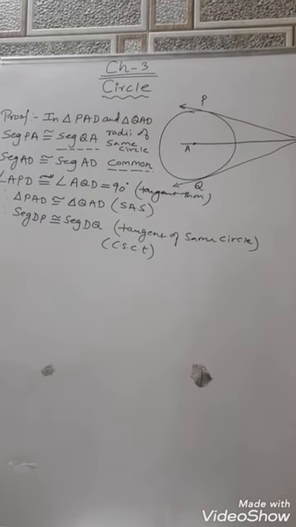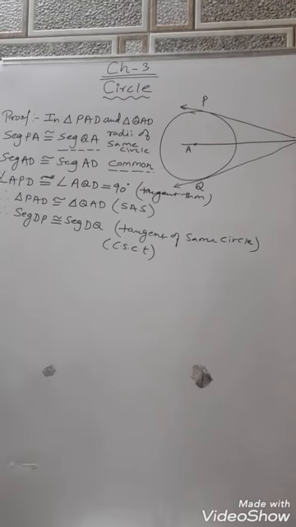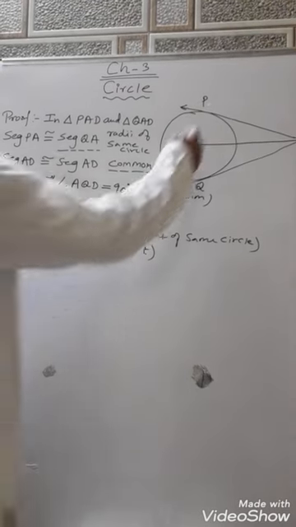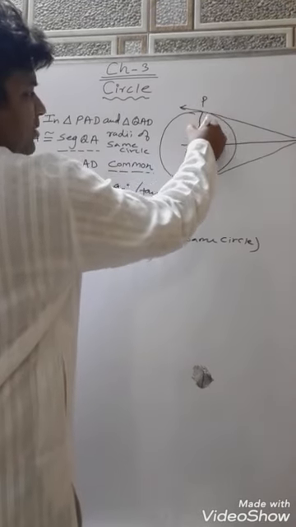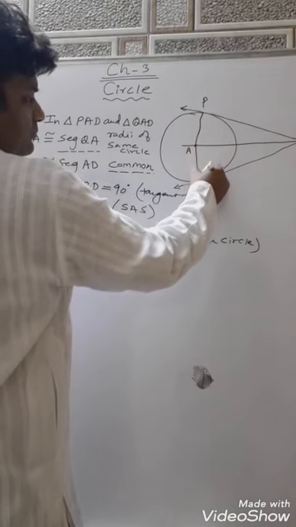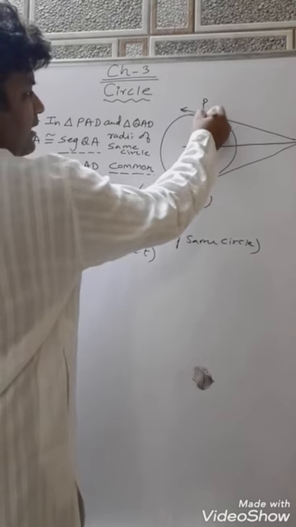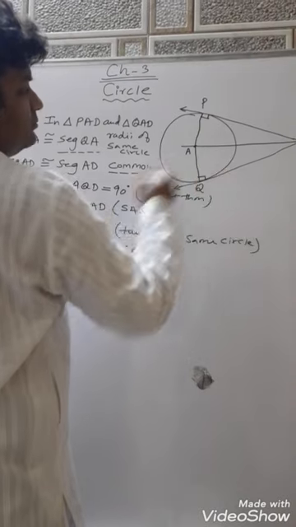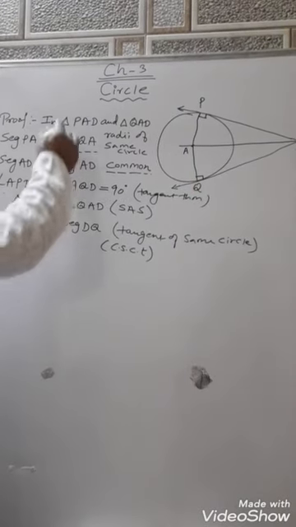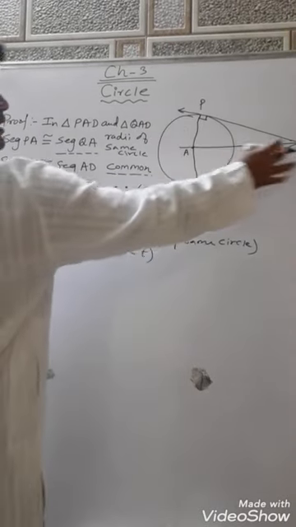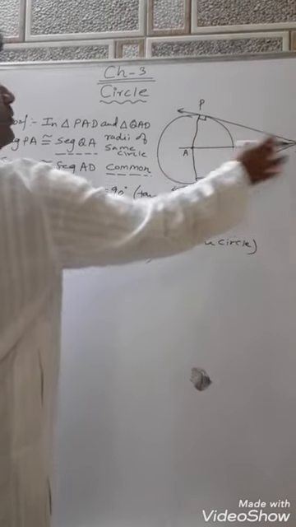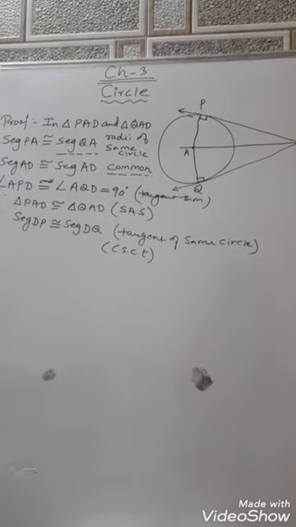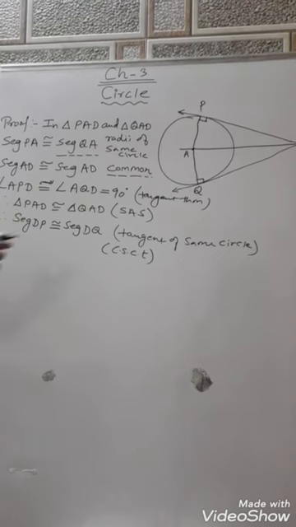So for that, first we prove the triangles are congruent. We take this triangle here, we join it. This forms a 90 here. Triangle PAD and triangle QAD. Prove these two triangles are congruent. So how do you prove these two triangles are congruent?